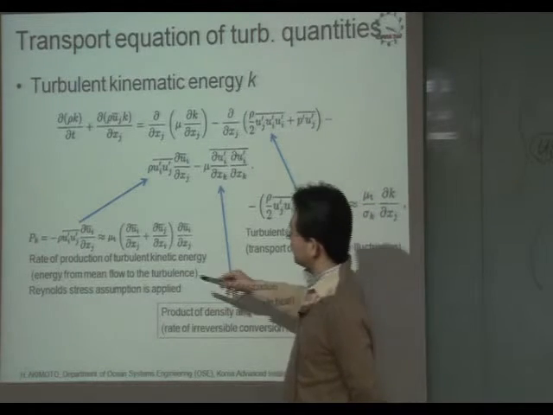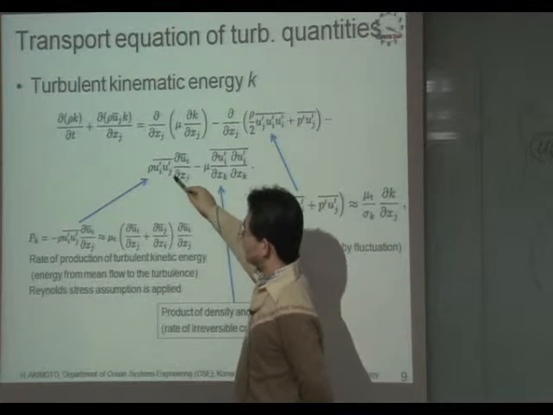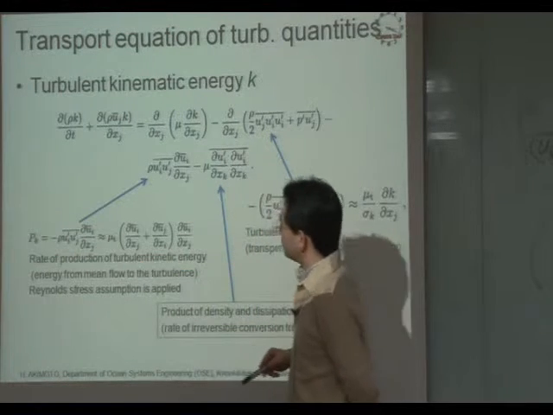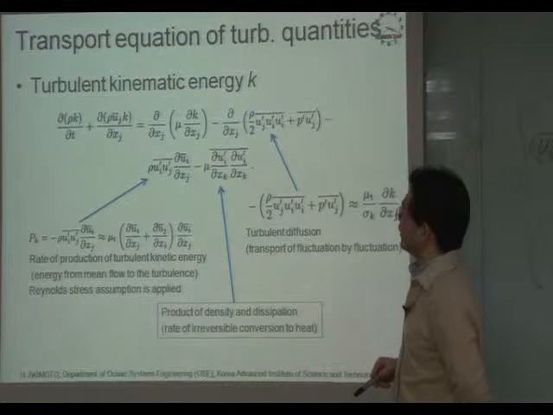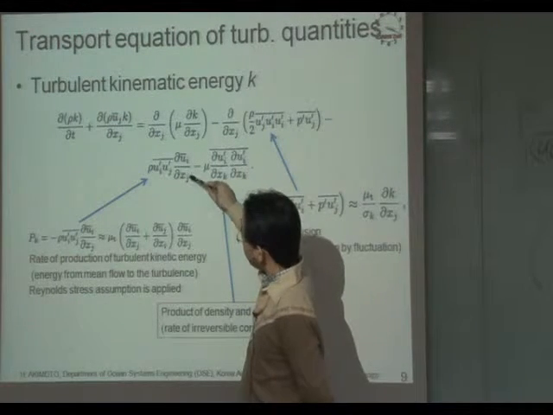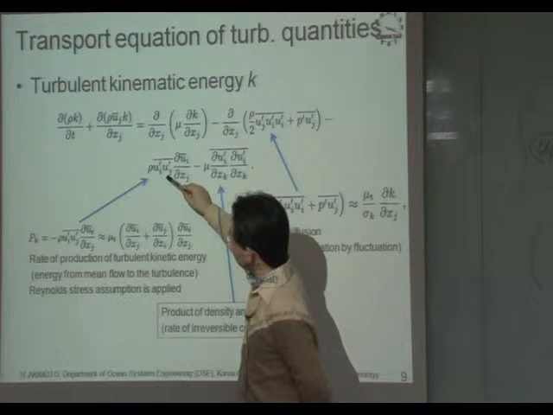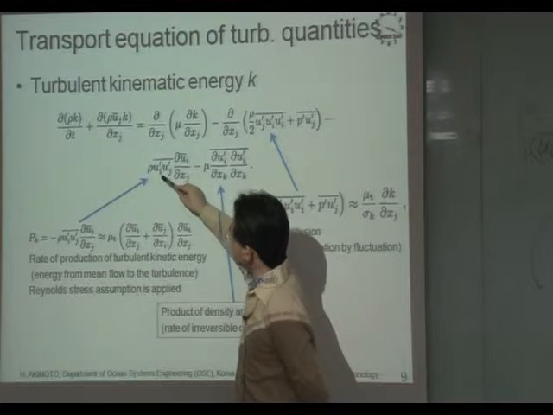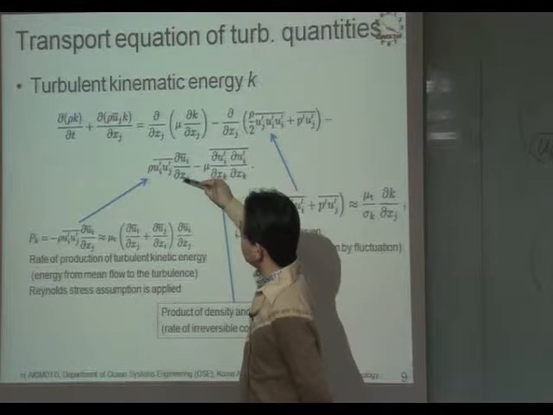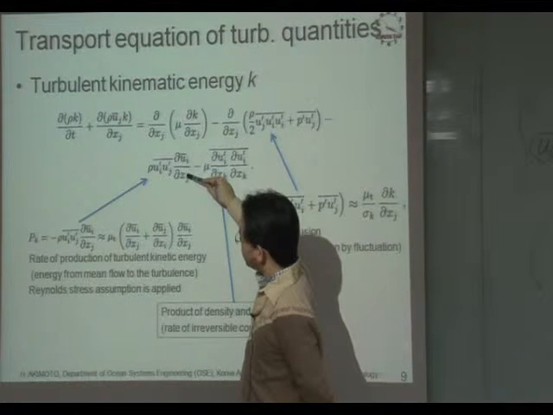And the other part, this one is the rate of production of turbulent kinematic energy. The appearance is the product of Reynolds stress and velocity gradient.